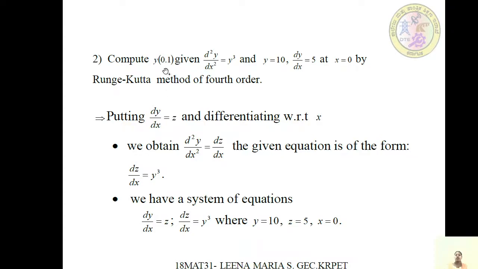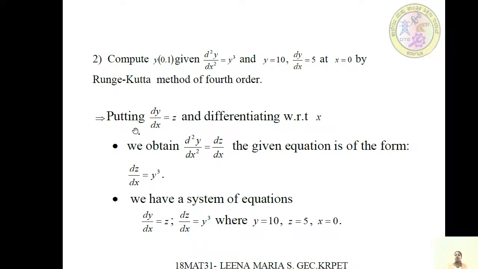Second problem. Compute y of 0.1 given d square y by dx square equals y cube, with y equal to 10 and dy by dx equal to 5 at x equal to 0, by the Runge-Kutta method of fourth order. We have to find y of 0.1 given these equations and initial conditions: y naught equals 10, dy by dx is z equals 5, and x naught equals 0.